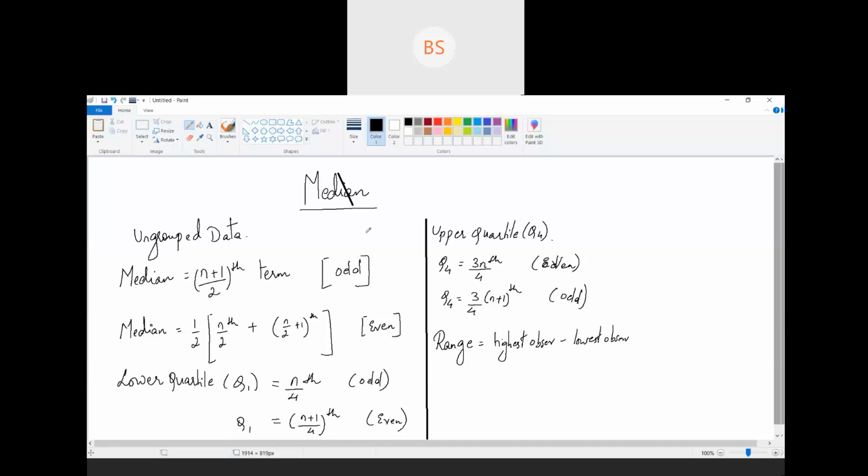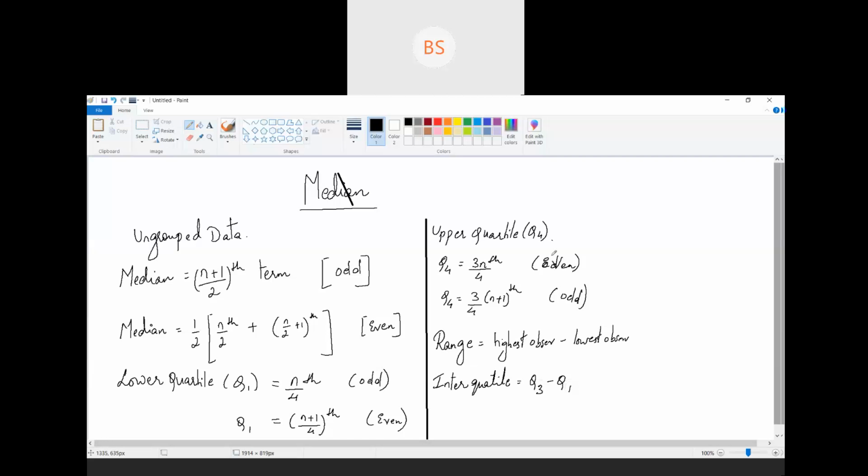And we have one more term which we'll be learning, the interquartile range. Interquartile is the difference between the upper quartile and the lower quartile. So interquartile is given by Q3 minus Q1.